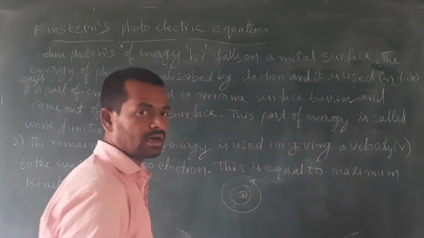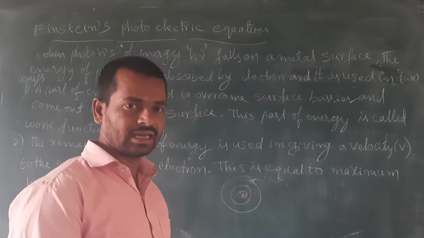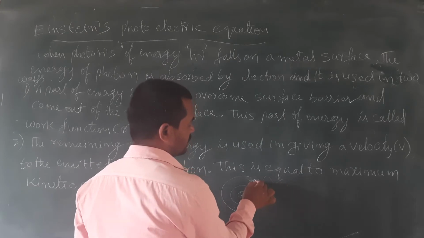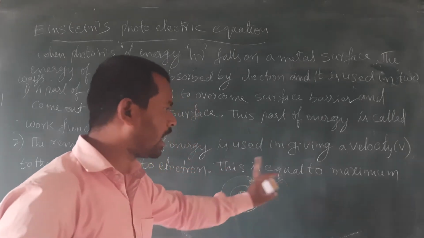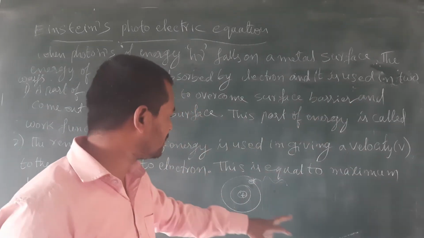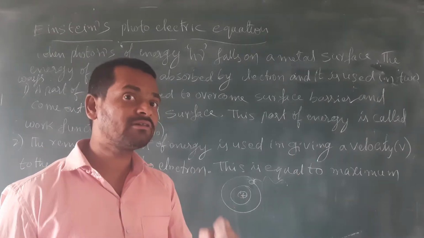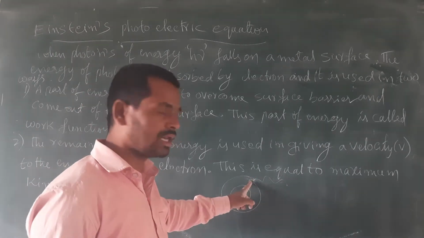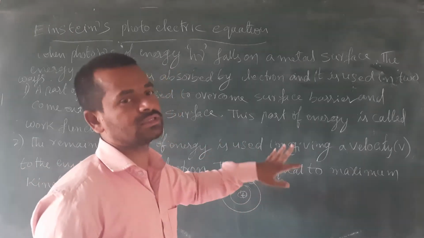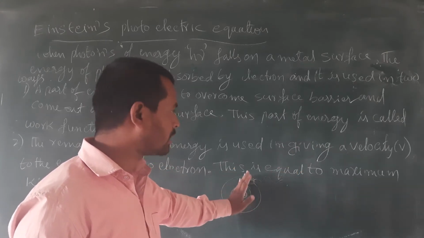When photons of this much energy fall on it, this electron can utilize a part of the energy. Some part of energy is utilized and then it comes outside. So it has to overcome the barrier. Barrier means the attraction between these two things. So part of the energy is used by the electron to overcome this attraction and come outside.